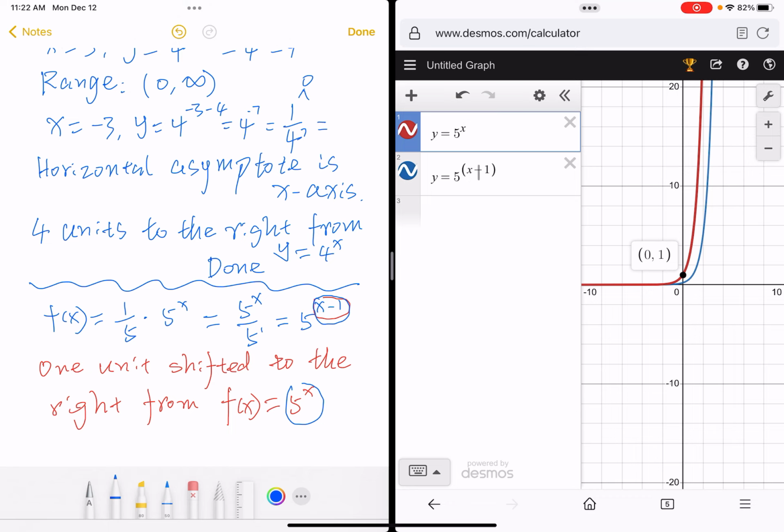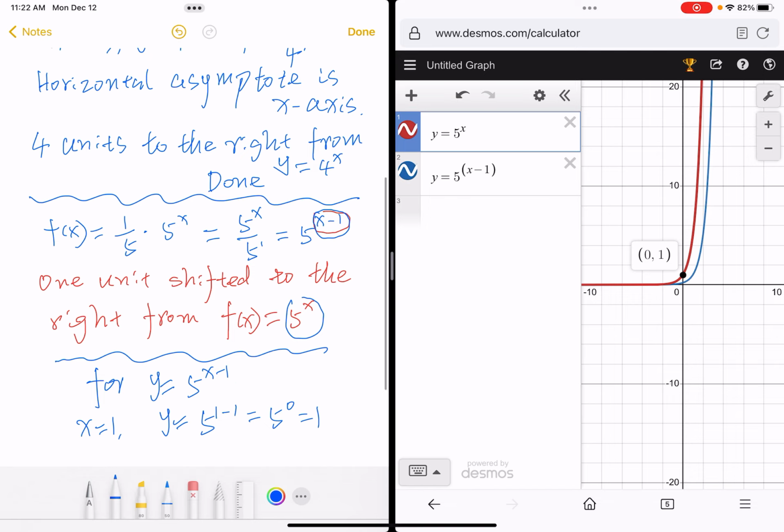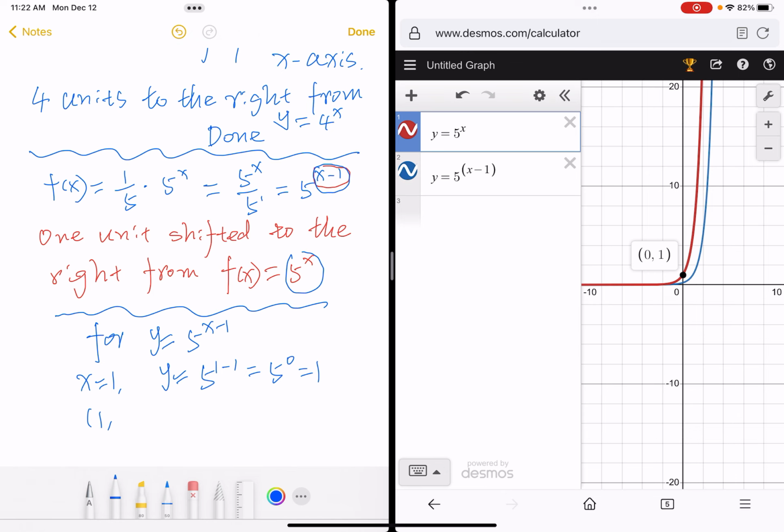And here, for this function, y equals 5 to the x minus 1, when x equals 1, you have y equals 5 to the 1 minus 1, which is 5 to the 0, which is 1. Okay? So then you have 1, 1.